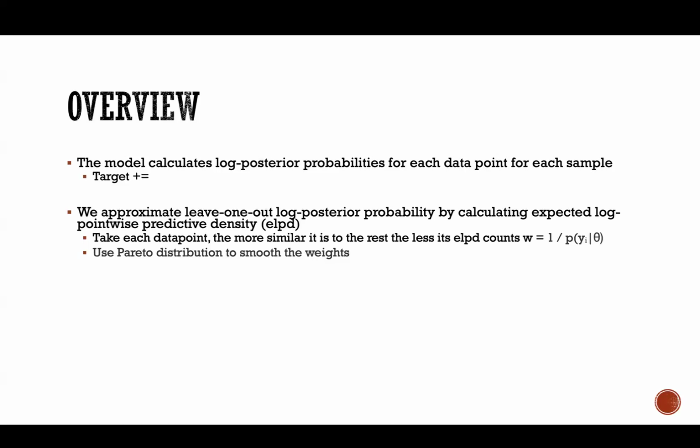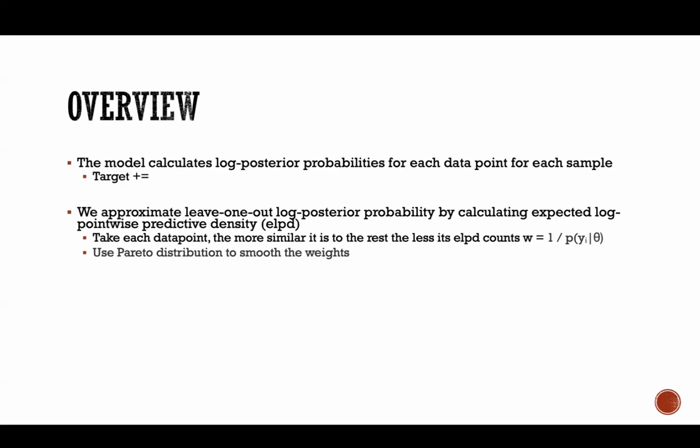We want to ensure that we're not just fitting the signal and the noise in the data, but that we have a good estimate of how well this model would perform if we were to meet data that are similar to this. And so what we want to do is approximate what is called the leave-one-out log posterior probability by doing a certain trick.